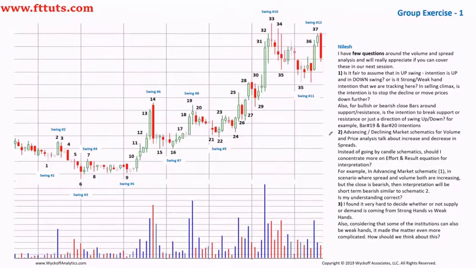Advance and decline in market schematics for volume and price analysis talk about increase and decrease in spread. Instead of going by candle schematic, should I concentrate more on effort and the result equation for interpretation? You could do either. I've been doing them separately, and I just combined them recently.